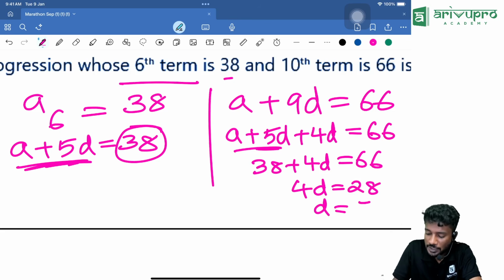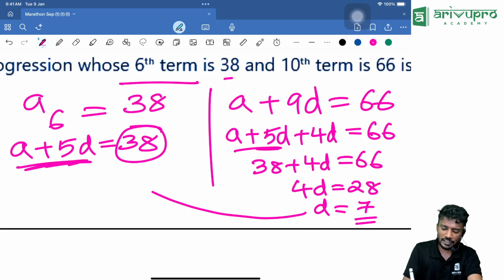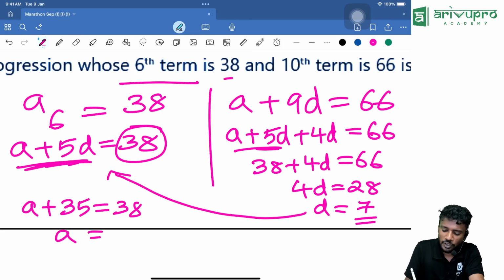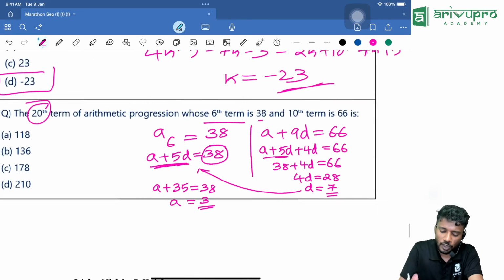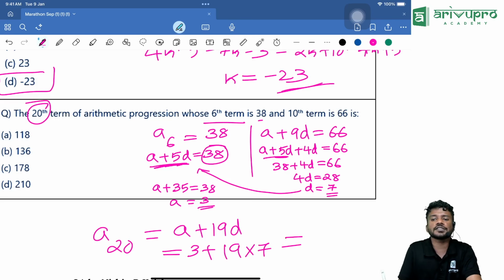D is equal to 7. If you know the value of D, can you find the value of A? That means A plus 35 is equal to 38. So A is equal to 3. Now, what is the value of A20? A20 is A plus 19D, which is equal to 3 plus 19 into 7. How much is the answer?